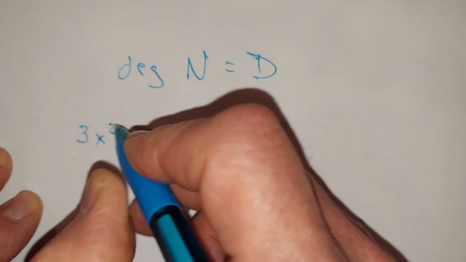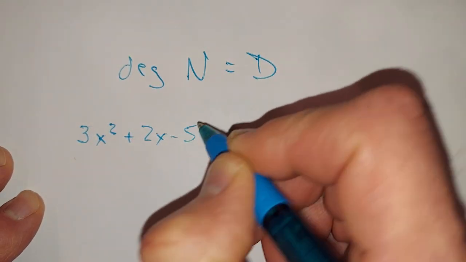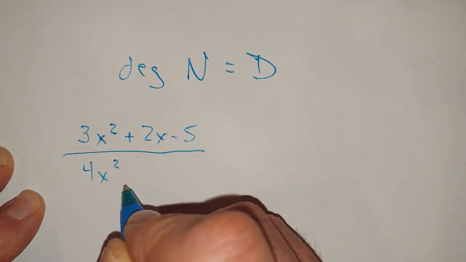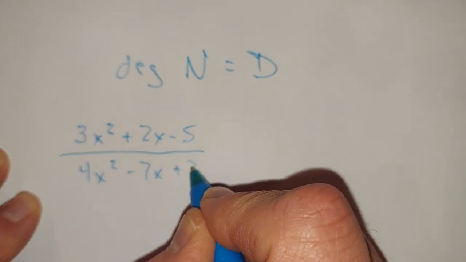For example, let's say we have 3x squared plus 2x minus 5 over 4x squared minus 7x plus 3.